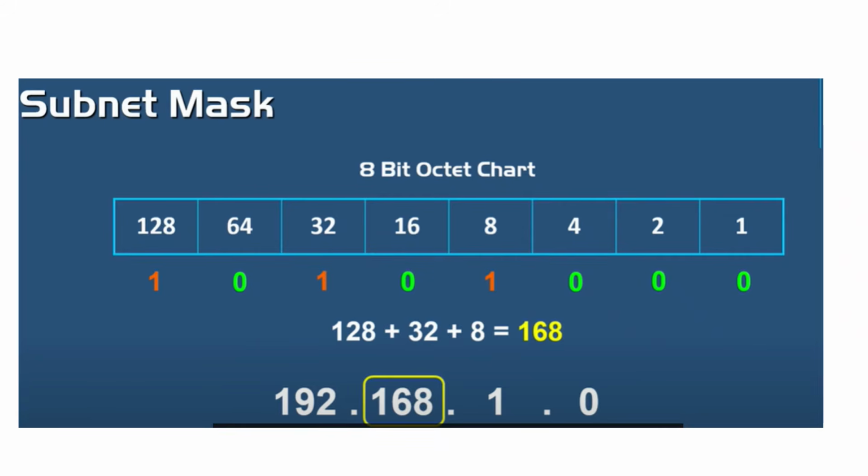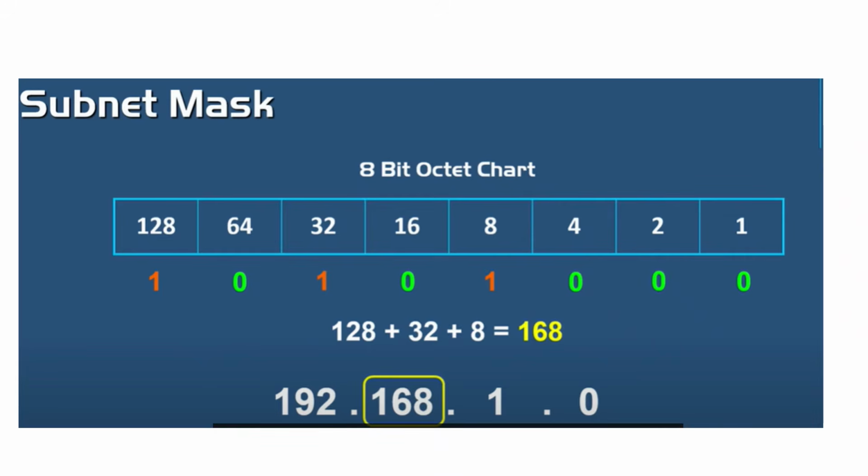You have to start from left to right, 192. So 192 can be obtained by adding 128 plus 64. Then you will get 192. So this is the combination.